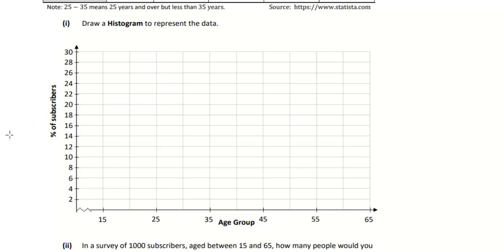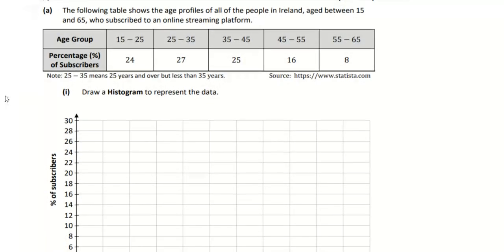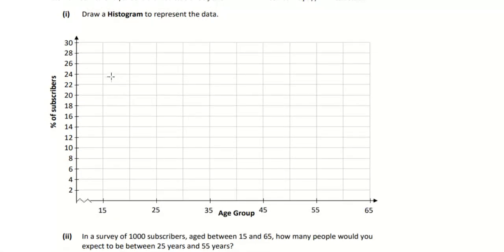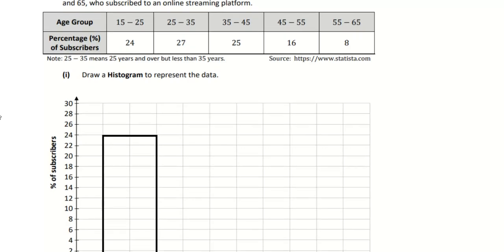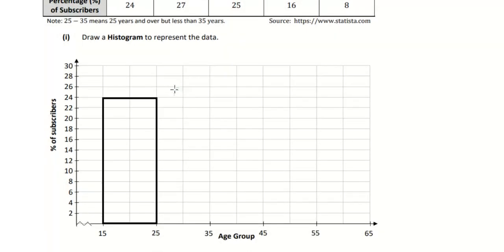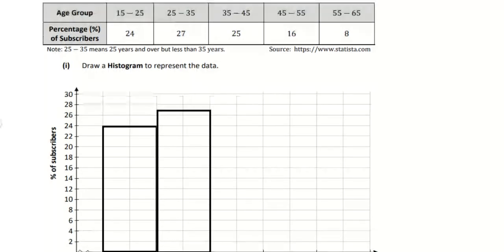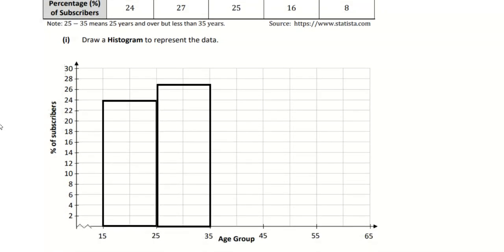All right, so let's make our histogram. And our first one is 15 to 25, and it's 24. So that's this one here. Okay. Then we have 27 from 25 to 35. 27 be here. That's that one. And then we have 35 to 45 is 25.